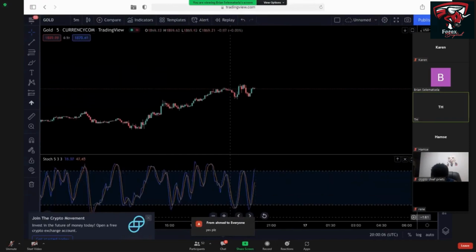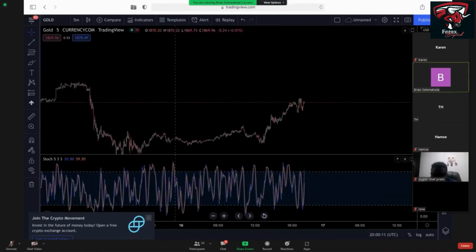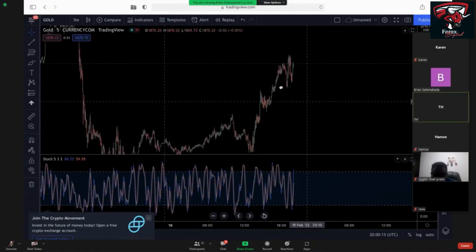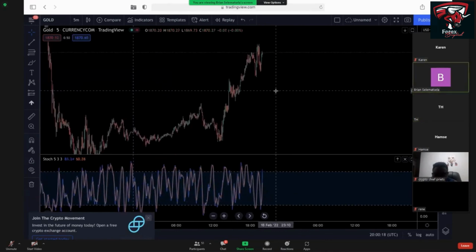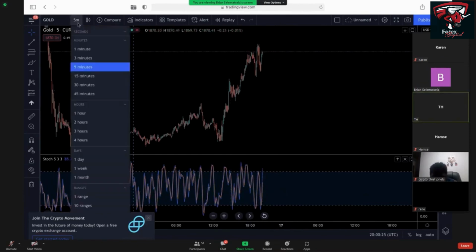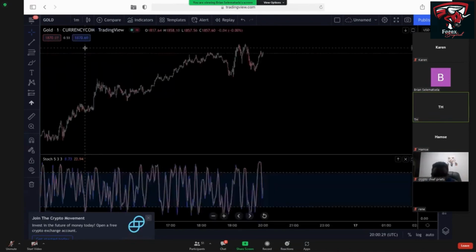So if you see there is a divergence just now, here we are getting the divergence. So can we go back to the 1 minute time frame and take an entry when the 1 minute crossover happens in the oversold zone or area?